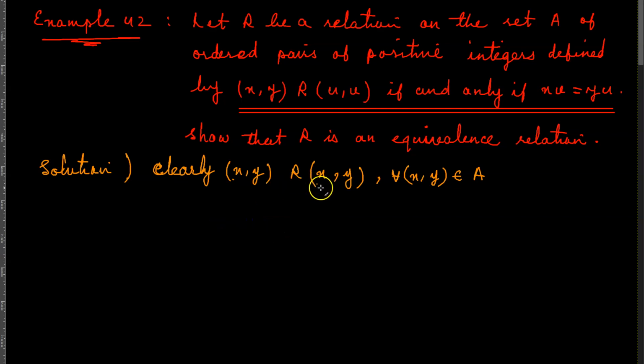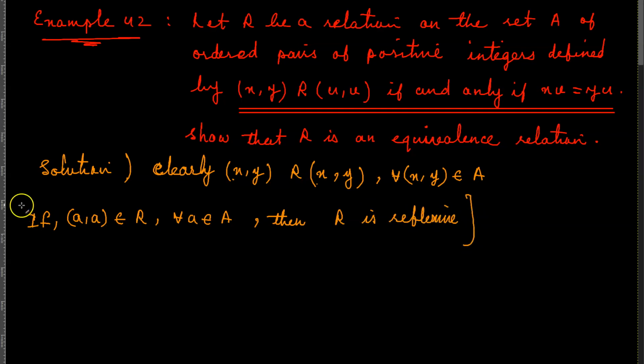The condition that we have for a relation to be reflexive is that the relation is reflexive if A comma A belongs to R for every A belonging to A. If this is true, then you can say that R is reflexive.